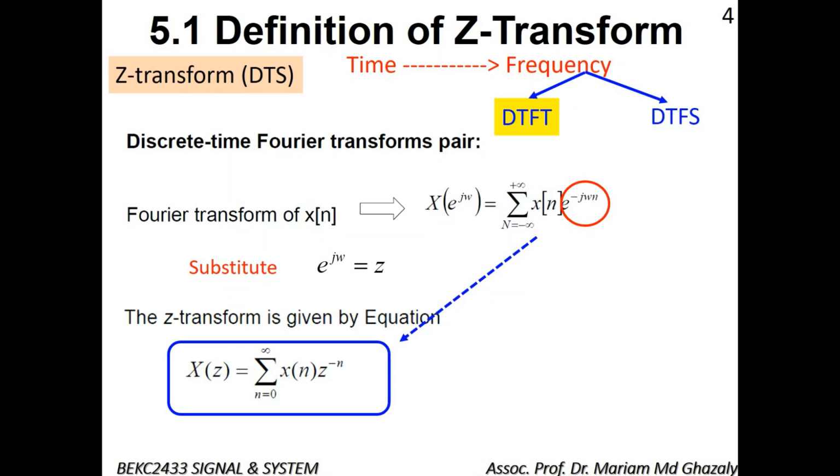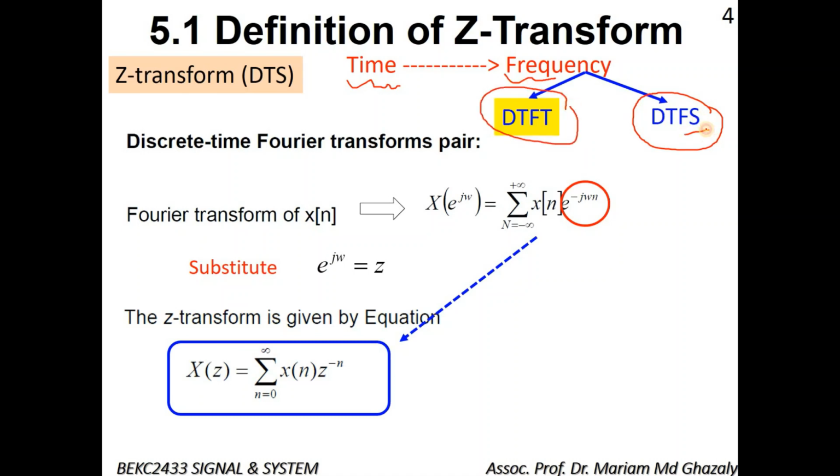So let's see what Z transform is, which we normally call the discrete time signal. You have learned that a signal can be defined in two ways, either time domain or frequency domain. For the frequency domain, you have learned the discrete time Fourier series and the discrete time Fourier transform.